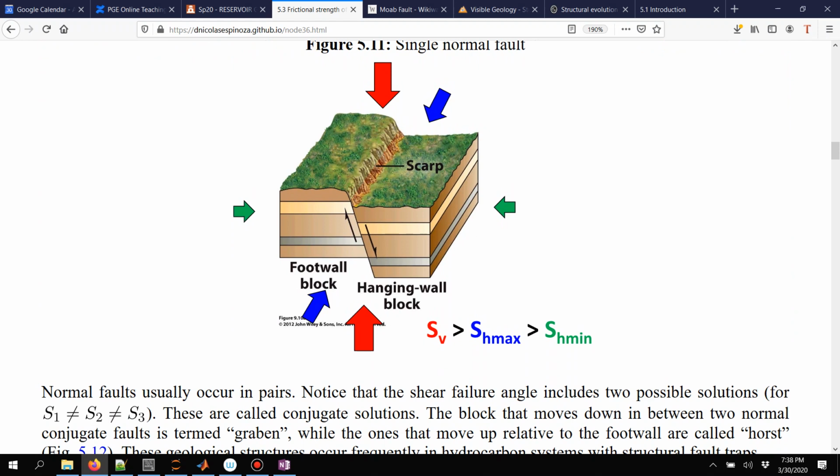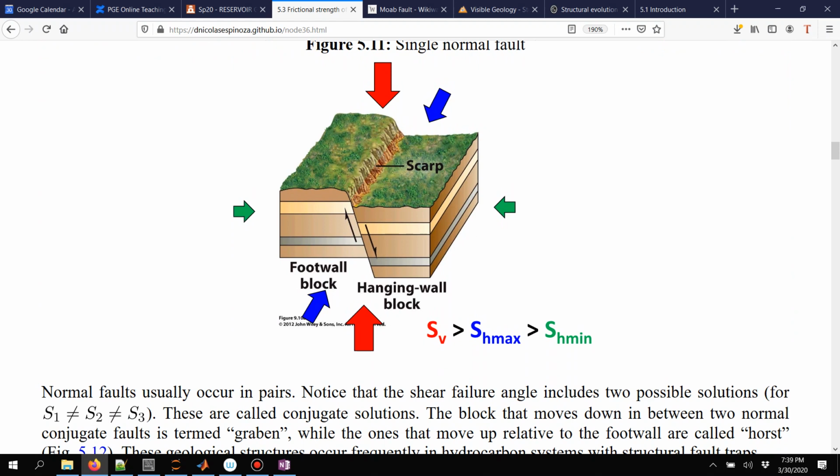Look at that and try to understand that this makes sense, because the blocks are moving in respect to the direction of the highest stress. So as this one pushes down, this block moves down. As this one pushes up on the footwall block, these ones move up. So this is respecting the direction of the maximum effective stress.